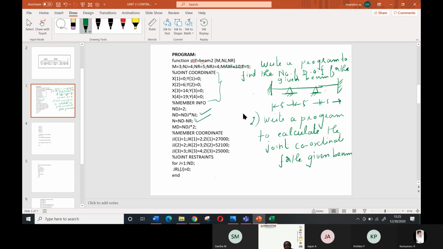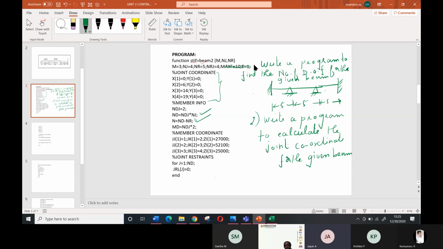Generally, this program can accommodate only 10 members. Here we have 3 members. It's a generalized thing, not specific to this particular beam. So for this one, just avoid. I'll explain what this is later.